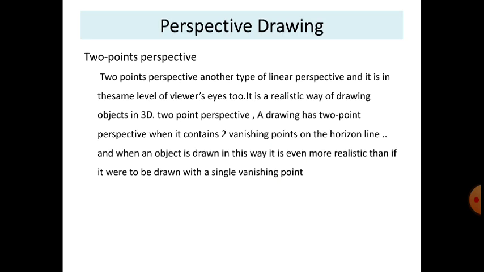next is 2 point perspective, where the vanishing points are 2. Okay, and you will feel a realistic way of drawing the objects in 3D. 2 points will help you to convert the 2D drawings into 3D drawings in the way they look from your eye, the way 3D objects look to you.